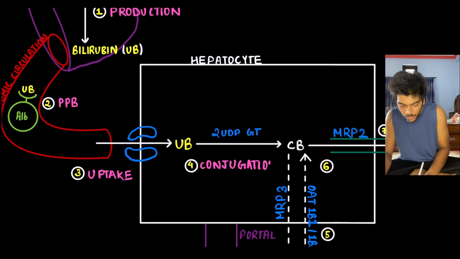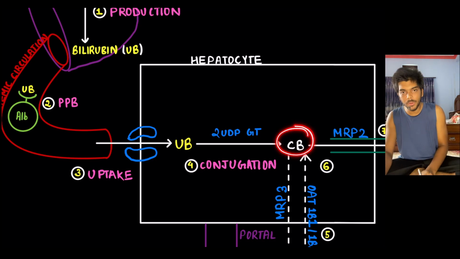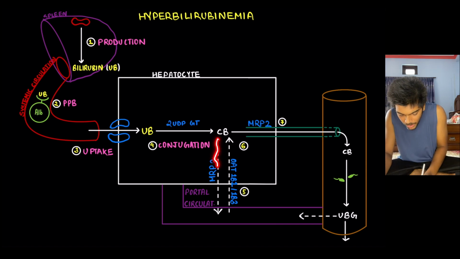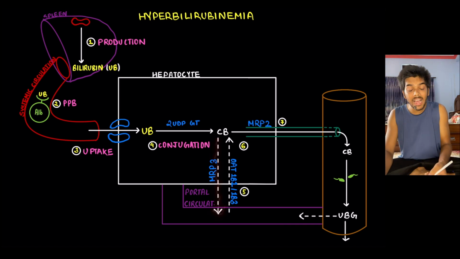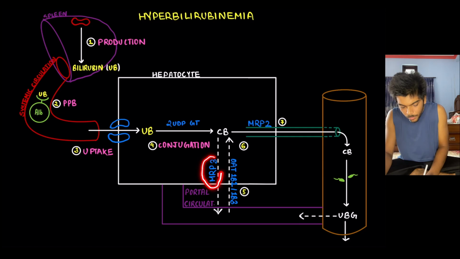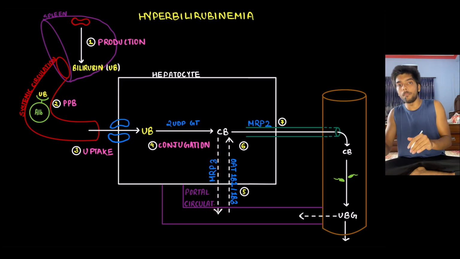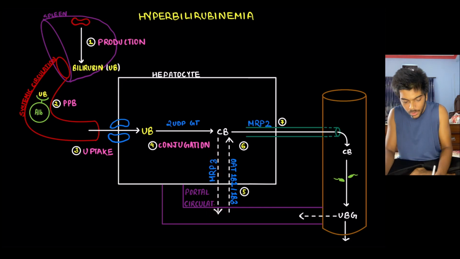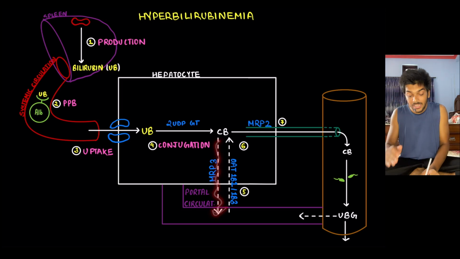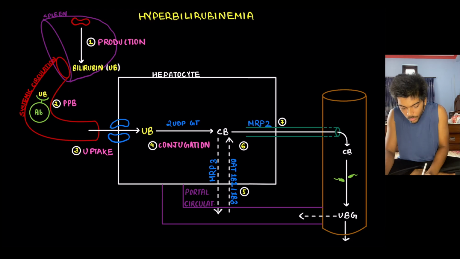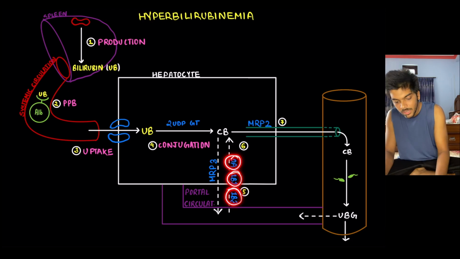After conjugation, the conjugated bilirubin present within the liver can leak into the portal circulation via multi-drug resistant protein 3. But the leaked conjugated bilirubin is reuptaken, taken back. See, there was uptake here, then it leaked into the circulation, then it was reuptaken into the liver with the help of OATP1B1, 1B3 protein.